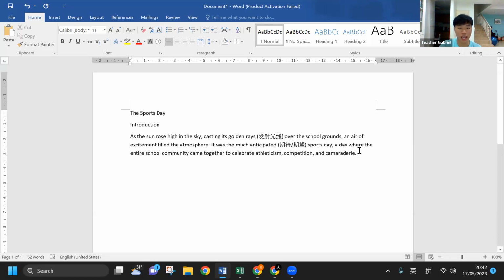So it's a day where you come and celebrate. 我们一起去庆祝这个 athleticism, competition and 这个友谊. 友谊 or something. So yeah, camaraderie. Students, teachers, and parents were all eagerly waiting for the events to begin. 那个学生也好, 老师也好, 你的父母亲也好, 全部很 eager, means very 很期待.